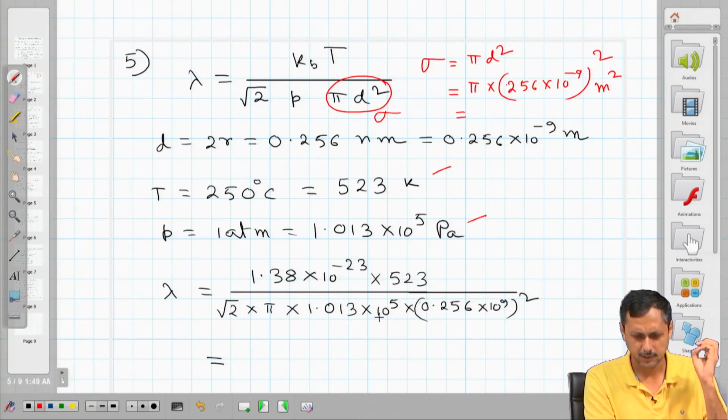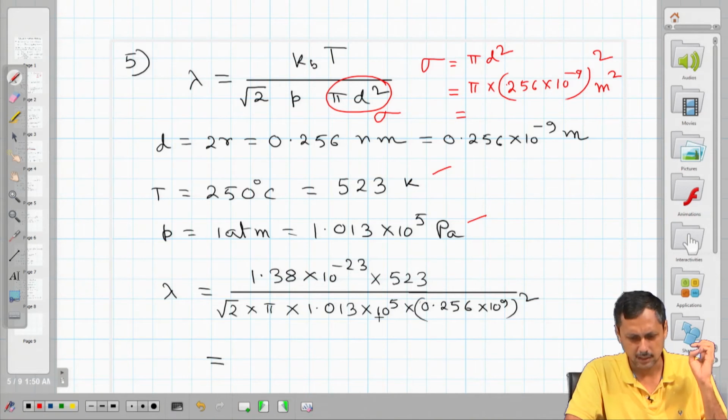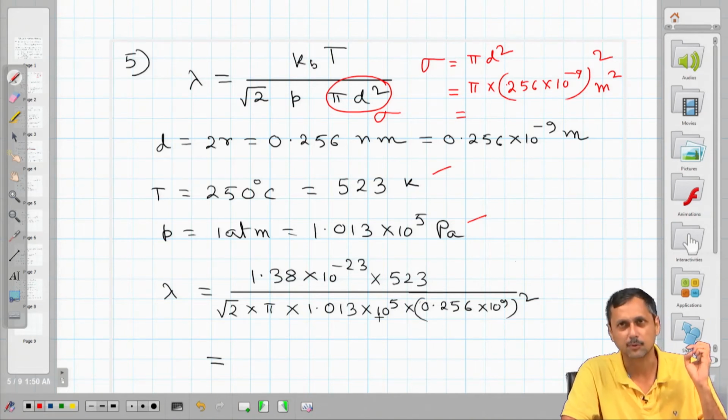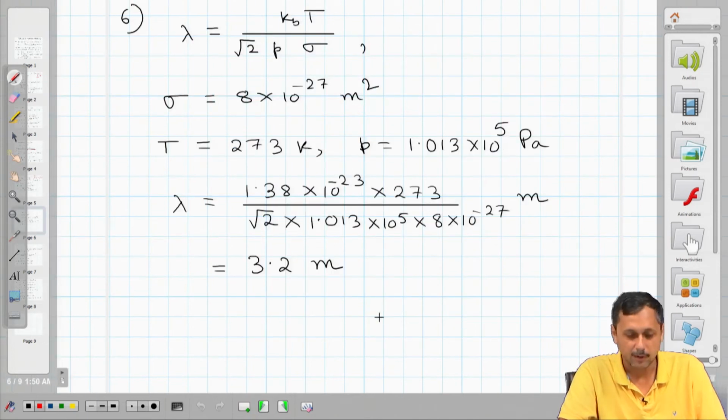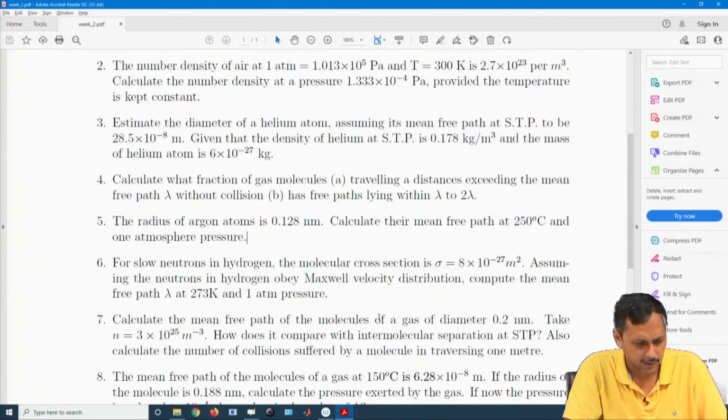Unfortunately, I could not finish the calculation. I do not remember what number it will come to, but I think you can do it. I will provide the answer in the forum, or rather I will provide it with the final version of this. Now, problem number 6.